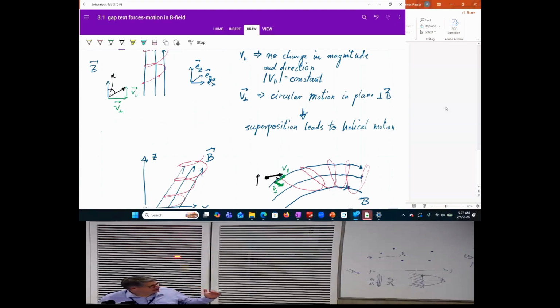Next, we have been looking at the Lorentz force for a single particle. The next thing is we will expand that to charge densities. Then we want to see what happens if we have, for example, wires where there's a current flowing through them. If this wire is immersed in some magnetic field, this force will act on all these charges in the wire, so that the whole wire will experience a force.